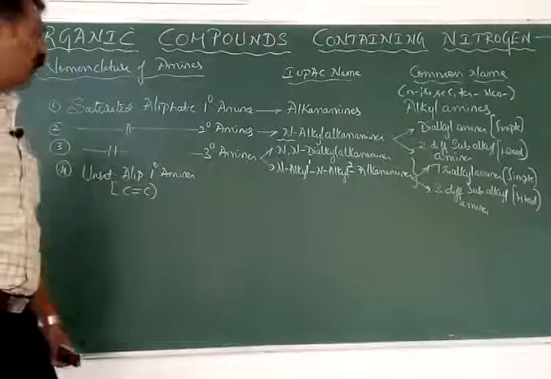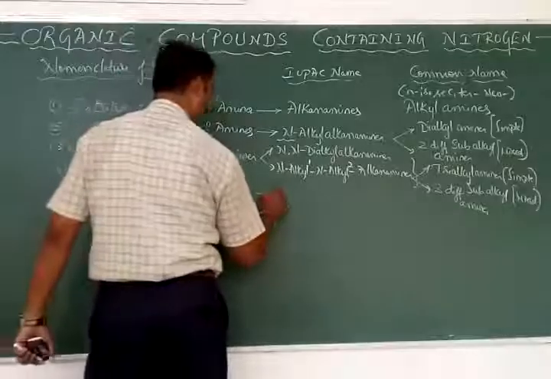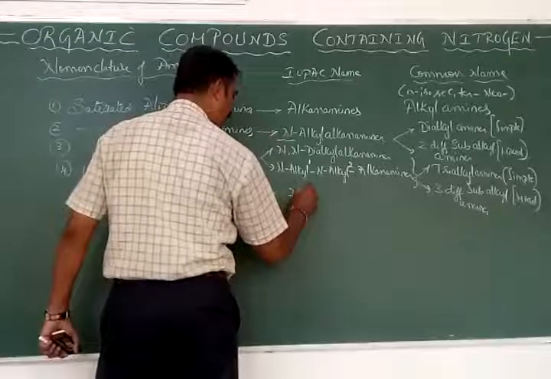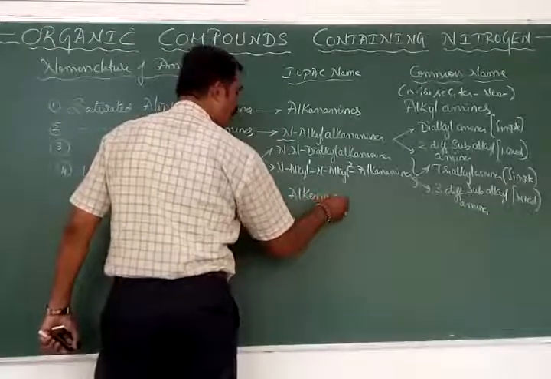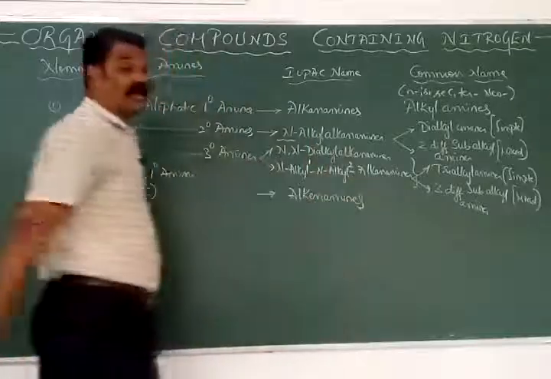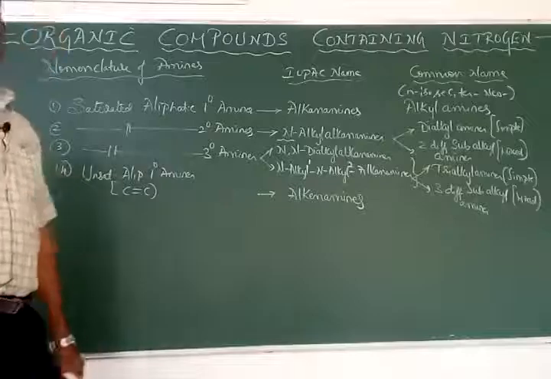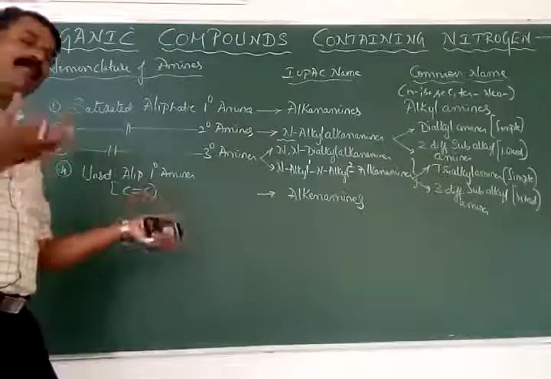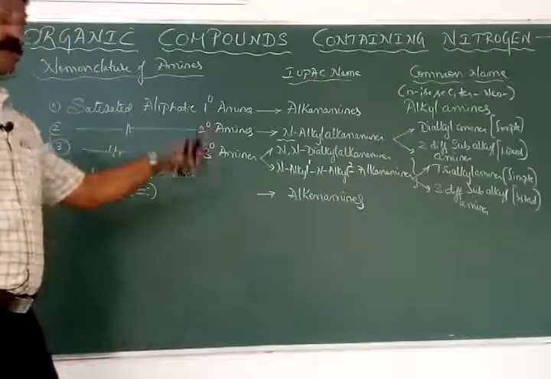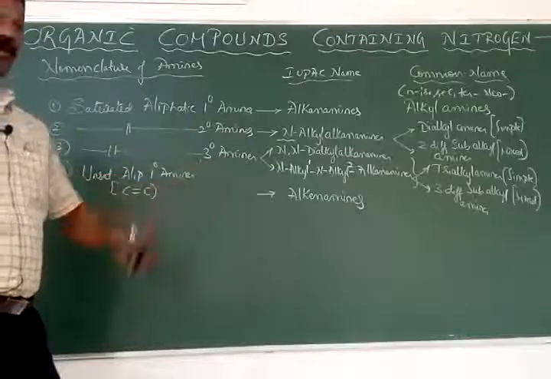Only the carbon-carbon double bond is present. Then in the IUPAC system it is named as alkenamines, such that the amino group will get the least number because it is a functional group. And then we will give the preference to the double bond. So it is called alkenamines.